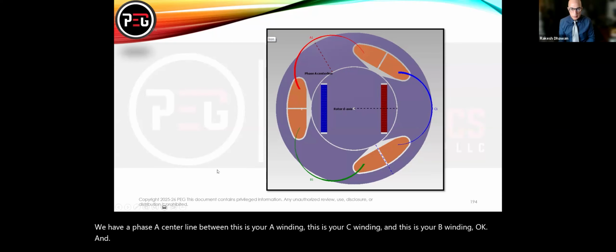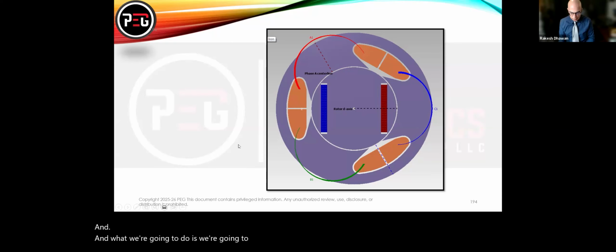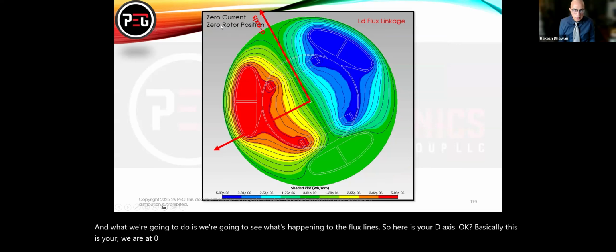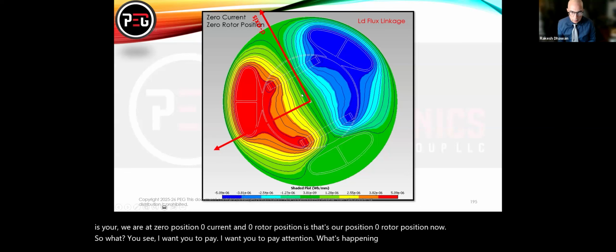And what we're going to do is see what's happening to the flux lines. So here is your D axis. Okay, basically you're at 0 position: 0 current and 0 rotor position. Now, I want you to pay attention to what's happening inside the motor, right?